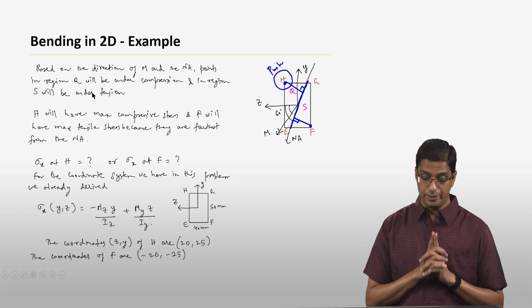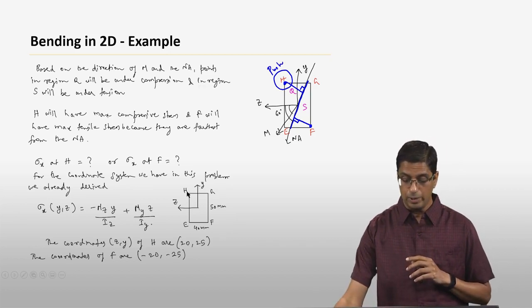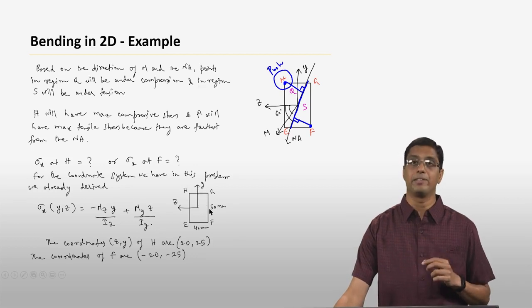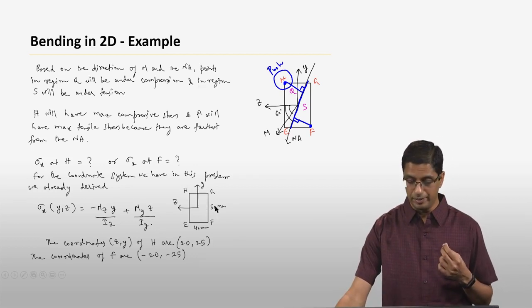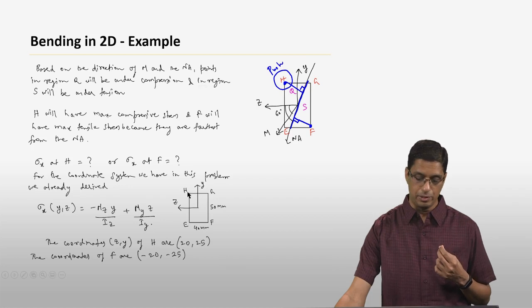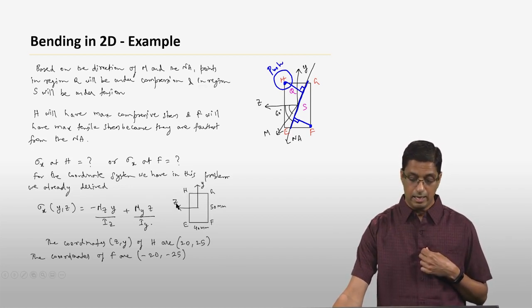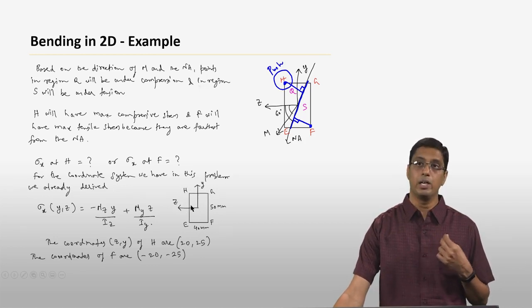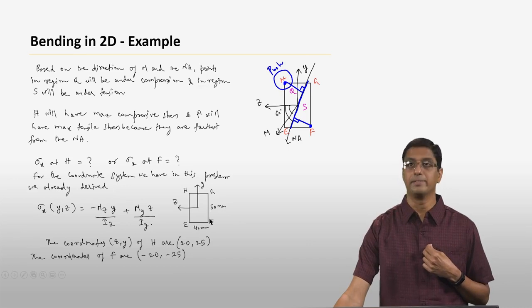How do you do that? We use the fact that the y coordinate of H is going to be the height of the beam divided by 2. Here the height is 50 millimeters, so the y coordinate of H is going to be 25 millimeters. The z coordinate of H is going to be 20 millimeters, half of 40.